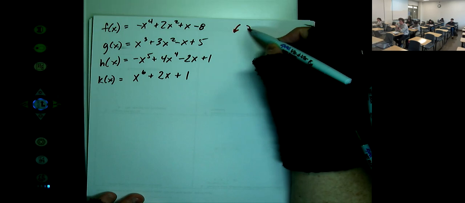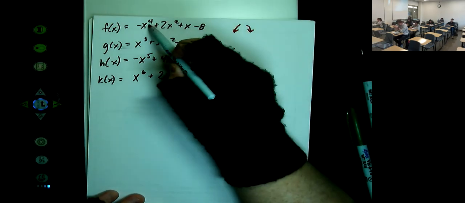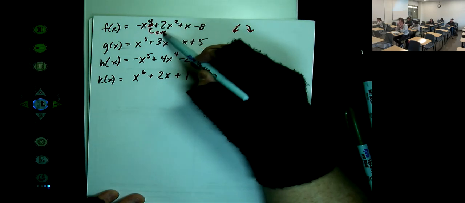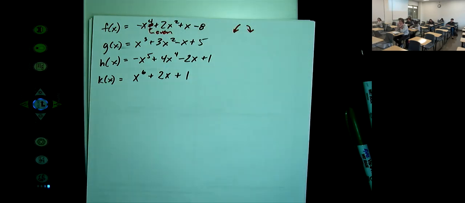It's going down. What's happening on the right? It's also going down. We're looking at that exponent right there. That exponent is even. So they go the same direction. They're either going up or going down. And the negative says make it go down.